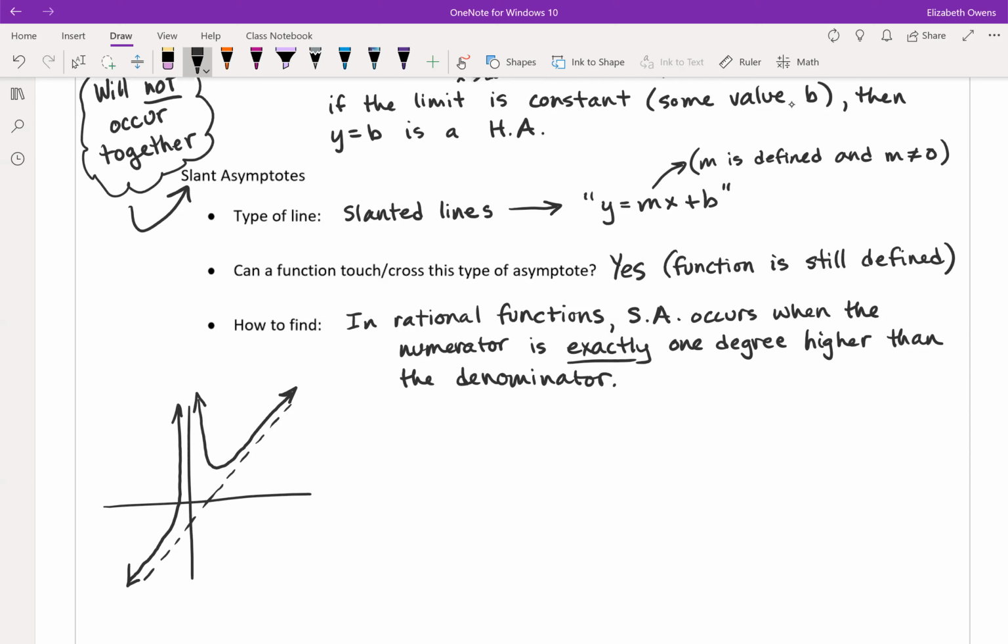Okay, so exactly 1 degree, no more, no less.